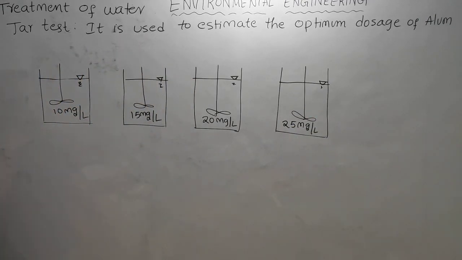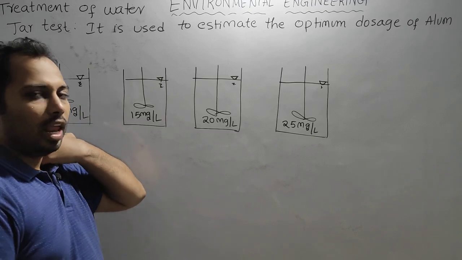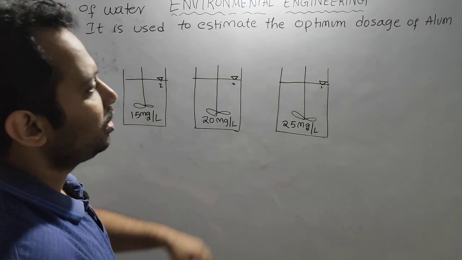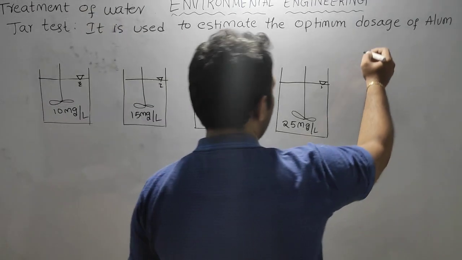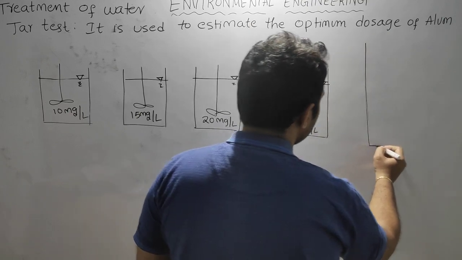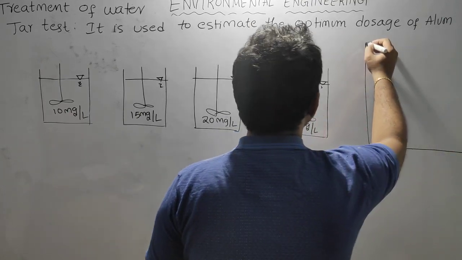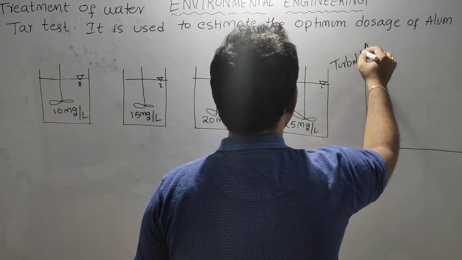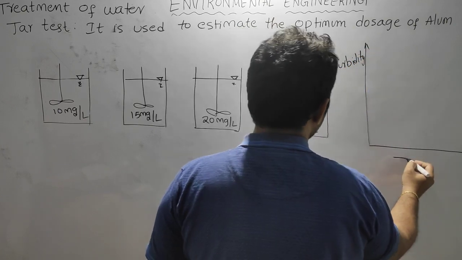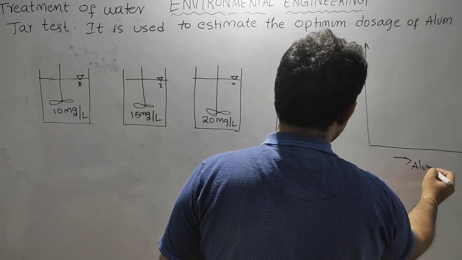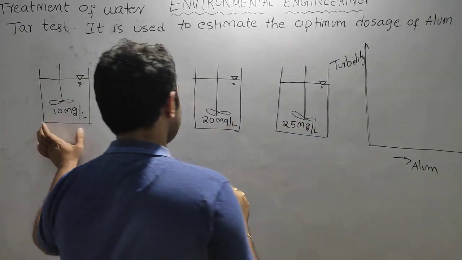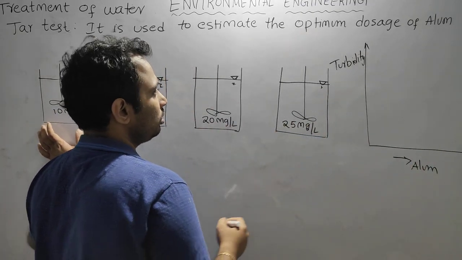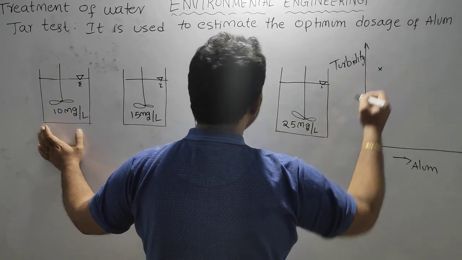If you see the turbidity versus alum doses chart, this is turbidity, because alum reduces what? Turbidity only. At low doses, the turbidity may be more.